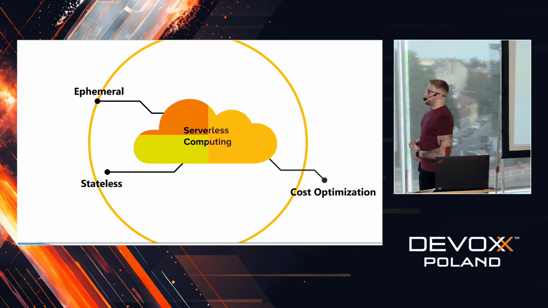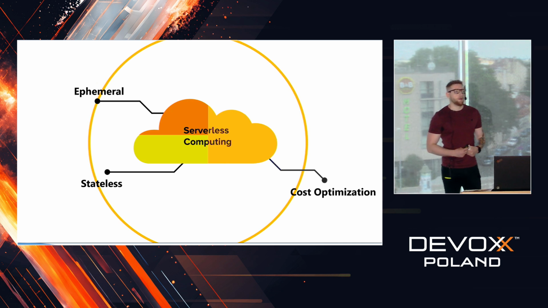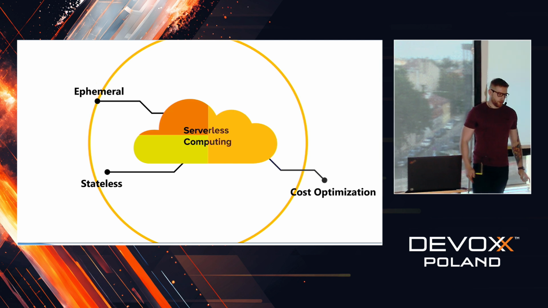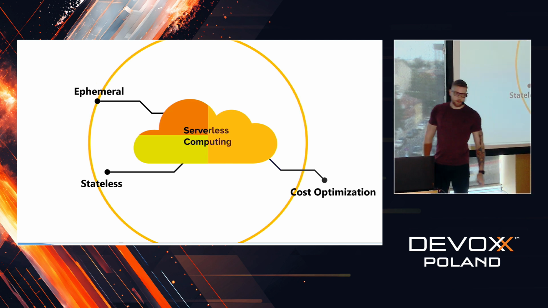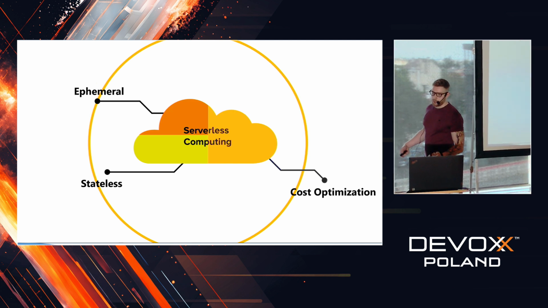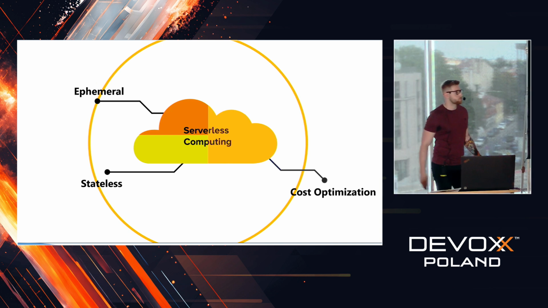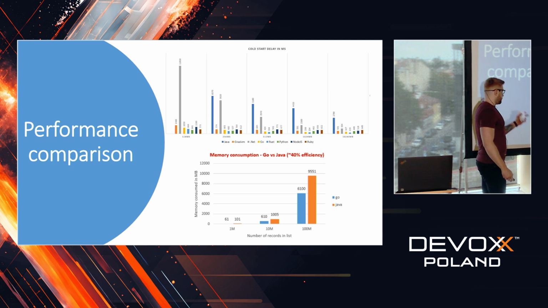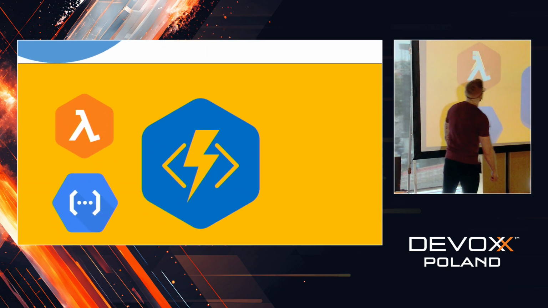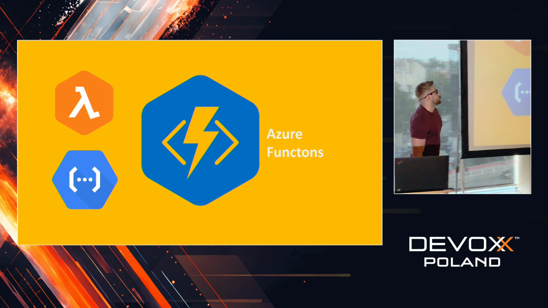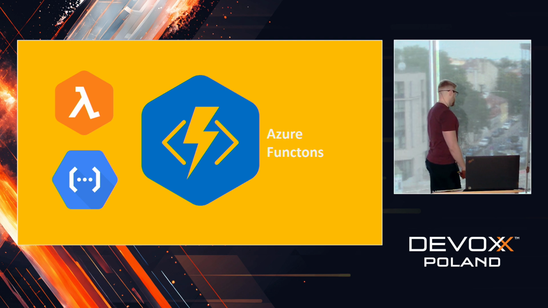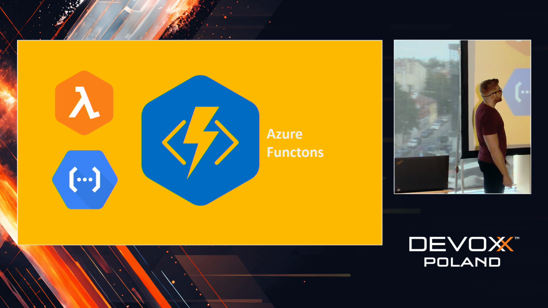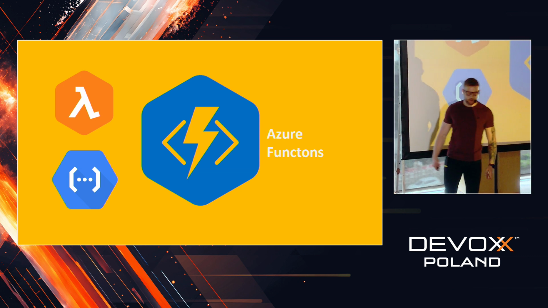Now, I'm inclined to tell you that the cloud service providers are very much aware of this issue, and they've prepared some solutions to maybe mitigate the so-called cold start problem. Right, Microsoft Azure Functions prepared a service called Always On.